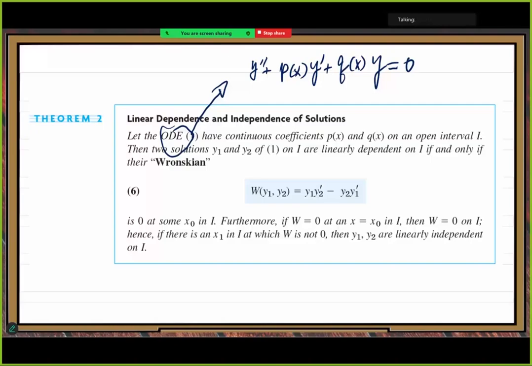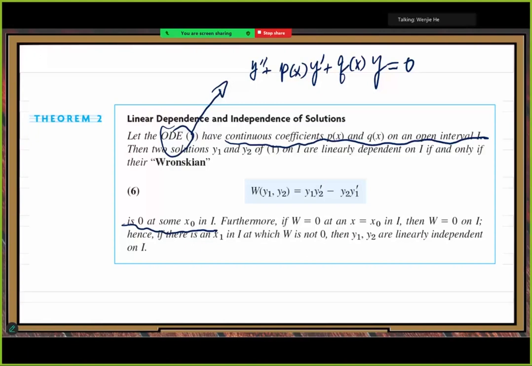Then the condition: these two functions are continuous on the open interval I, then two solutions are linearly independent if and only if the Wronskian is not 0 at some point in I. Only one point is enough.